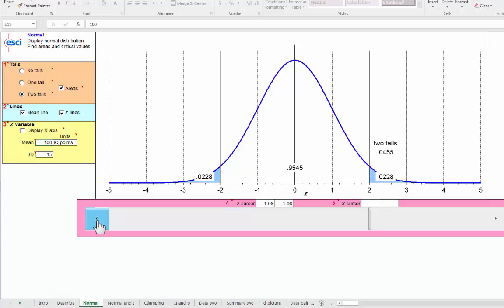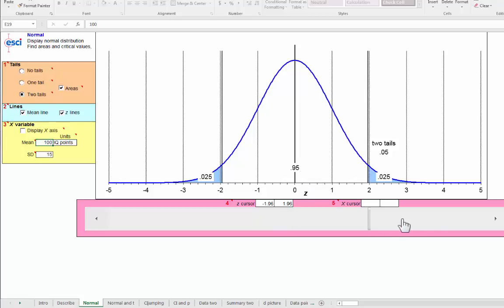Let's come back a little bit. There we go, 95% there, two tails 0.05 or 2.5% each of these blue areas, and the critical value of Z is 1.96, one of the numbers to remember.